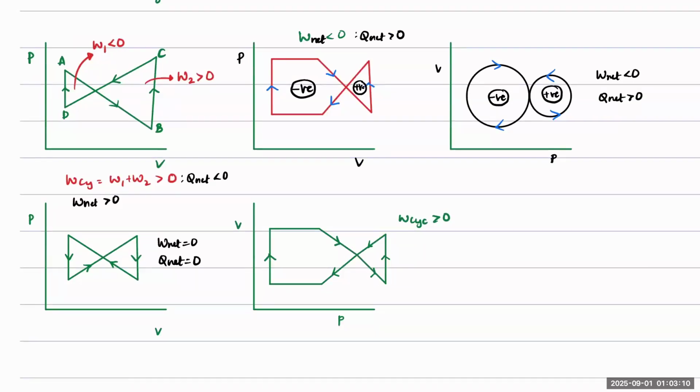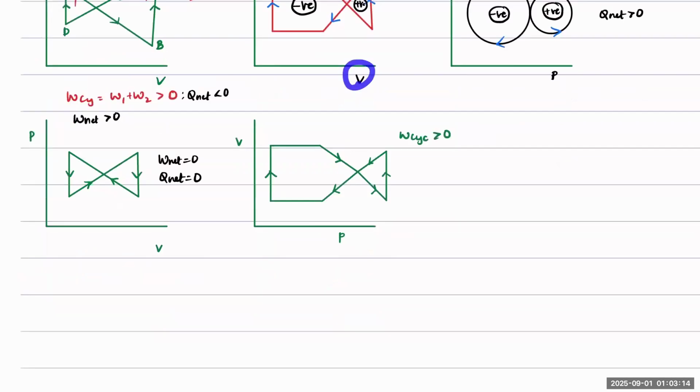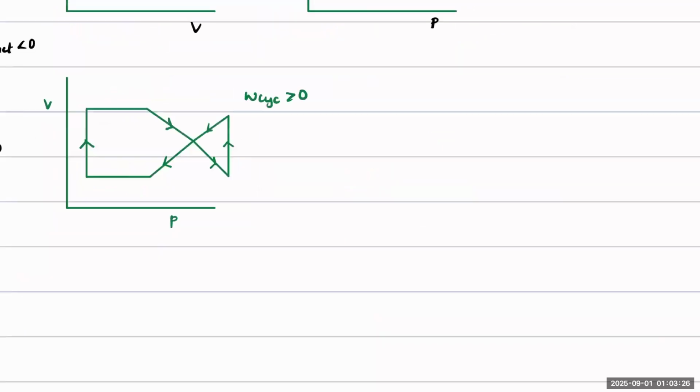Now, what I gave you earlier is the pressure versus volume graph. Now, this is volume versus pressure graph. If you take volume versus pressure graph, correct? In volume versus pressure graph, the fundamental is exactly opposite here.